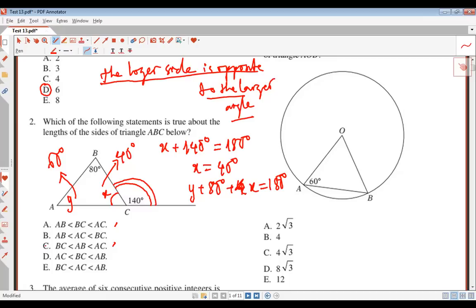We eliminate option C, and the final result is option A.